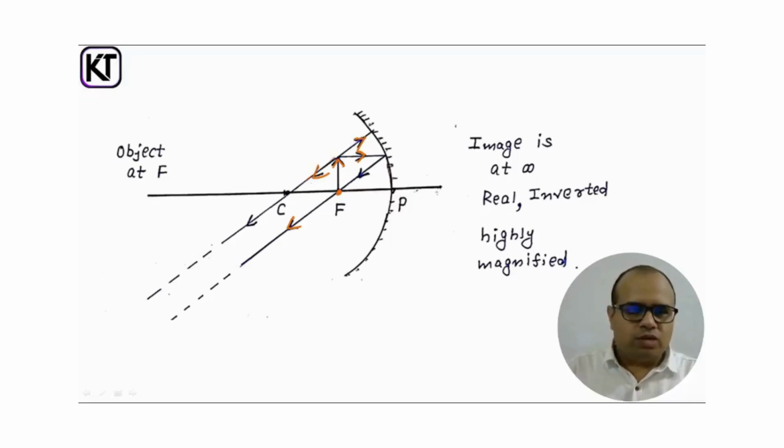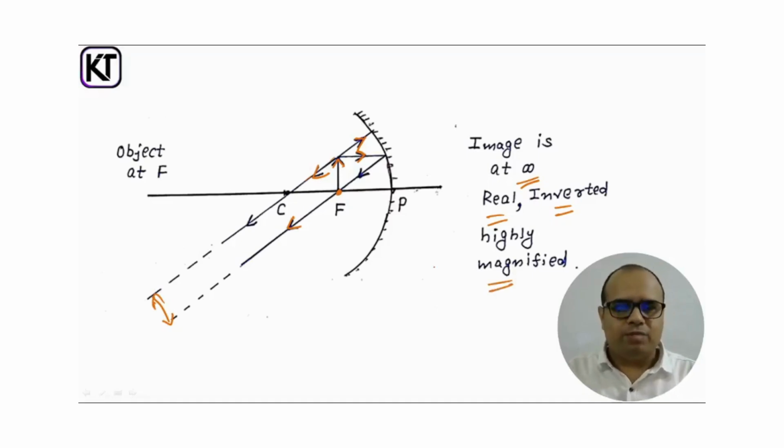As you can see, these light rays are actually parallel, so they are supposed to meet at infinity. The image which is formed is real, inverted, and of course highly magnified. In this case, a highly magnified image is formed.